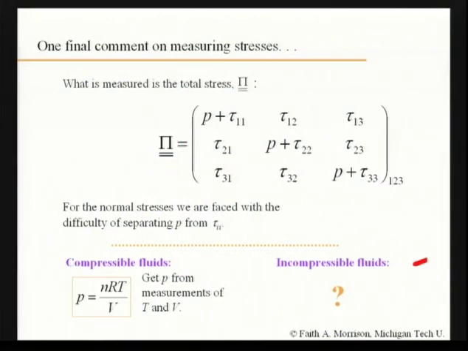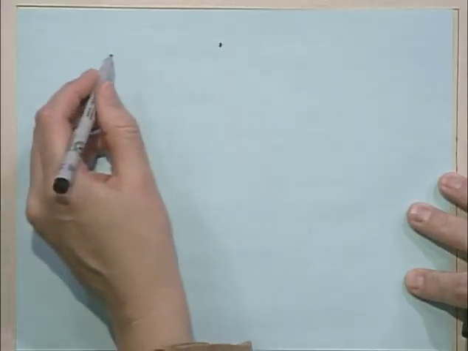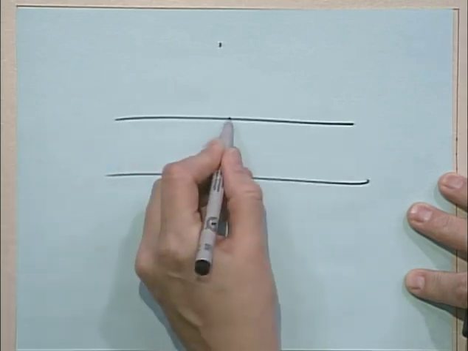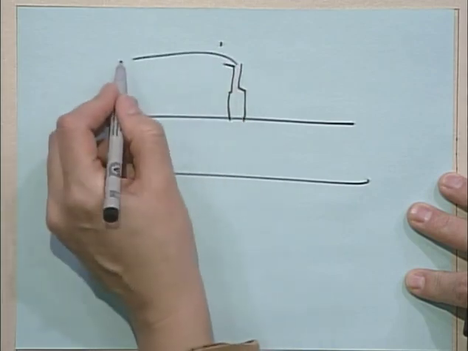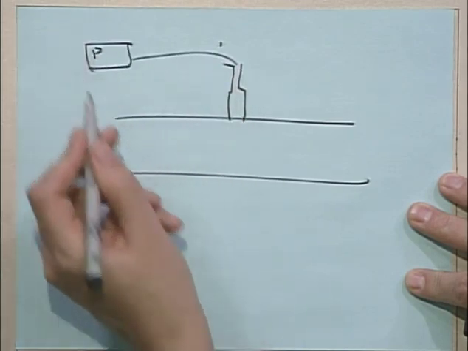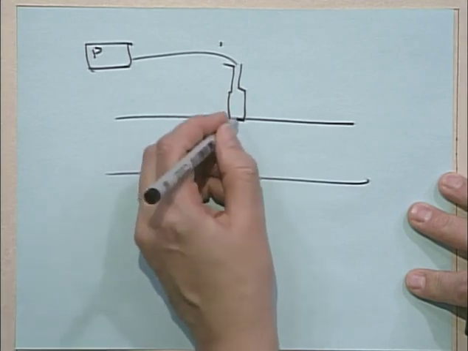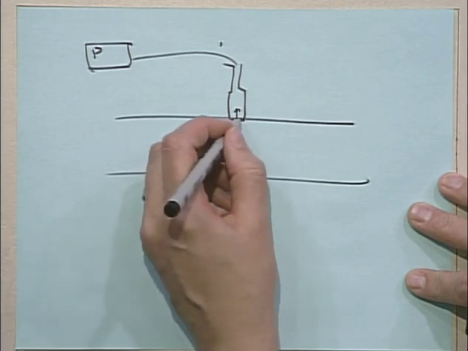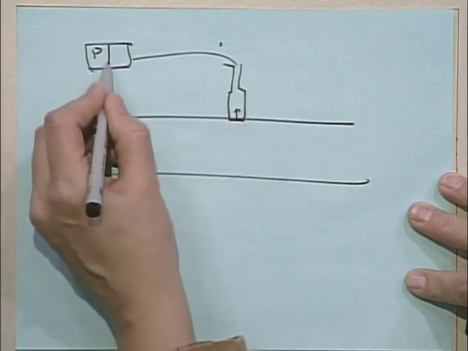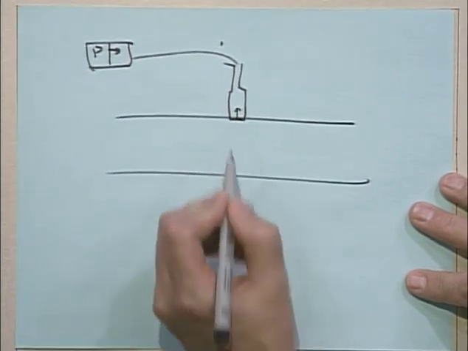When we put some sort of a device up against a flow, I could maybe make a little port here and screw a transducer in and measure pressure, okay? This would usually be a normal force type transducer, it can measure a little bit of thrust. If there's a little bit of thrust, it'll deflect the gauge or deflect the meter in some way and tell you there's been a little bit of thrust.